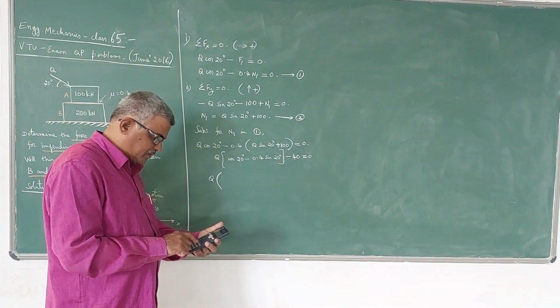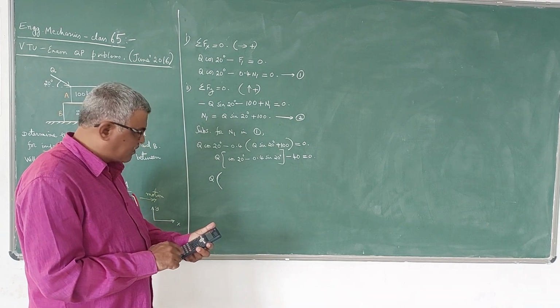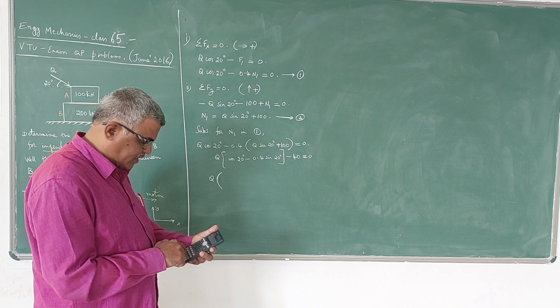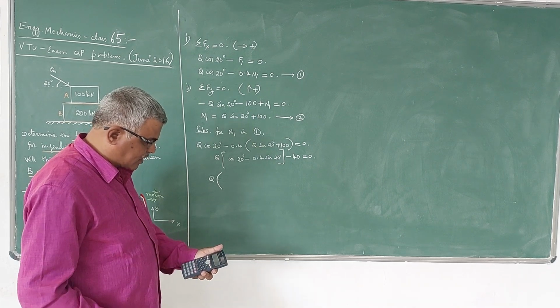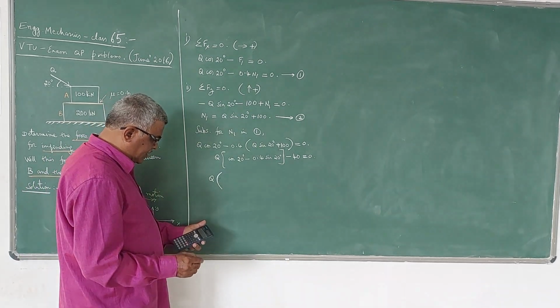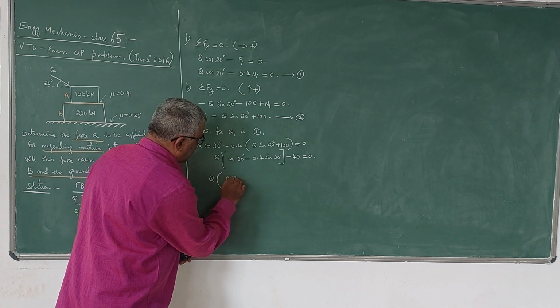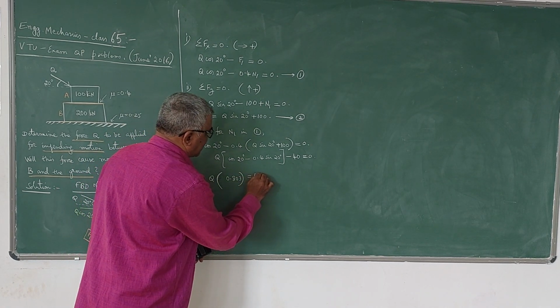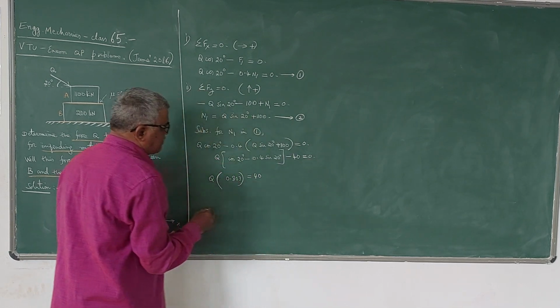Cos 20 minus 0.4 times sin 20, which is 0.803. 0.803 is the constant term, is equal to 40. 40 if I bring to RHS, it becomes positive.